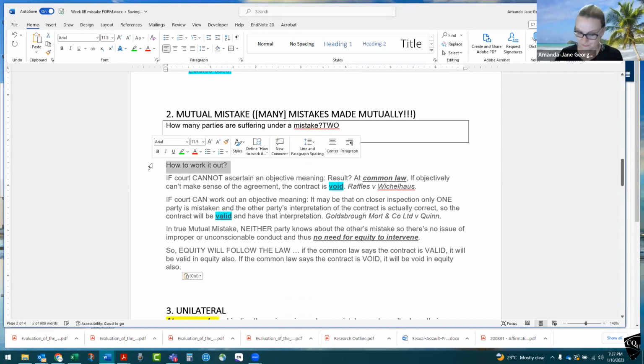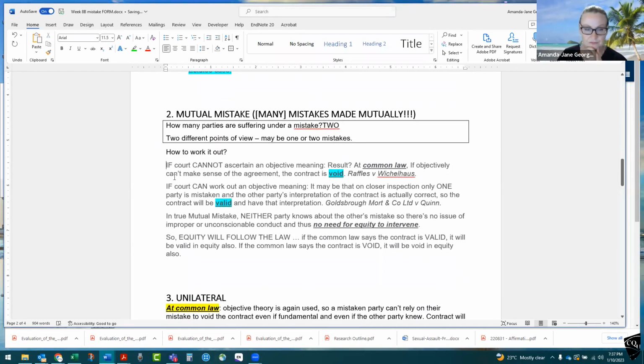So at common law, if objectively you can't make sense of the agreement, the contract will be void. And in Raffles, we had a contract saying that the goods would be shipped ex Peerless from Bombay, ex Peerless.